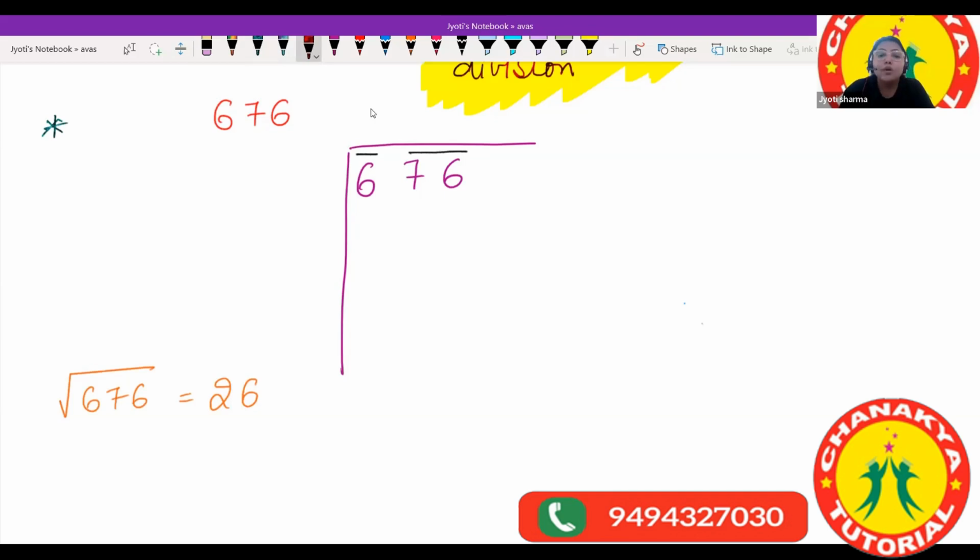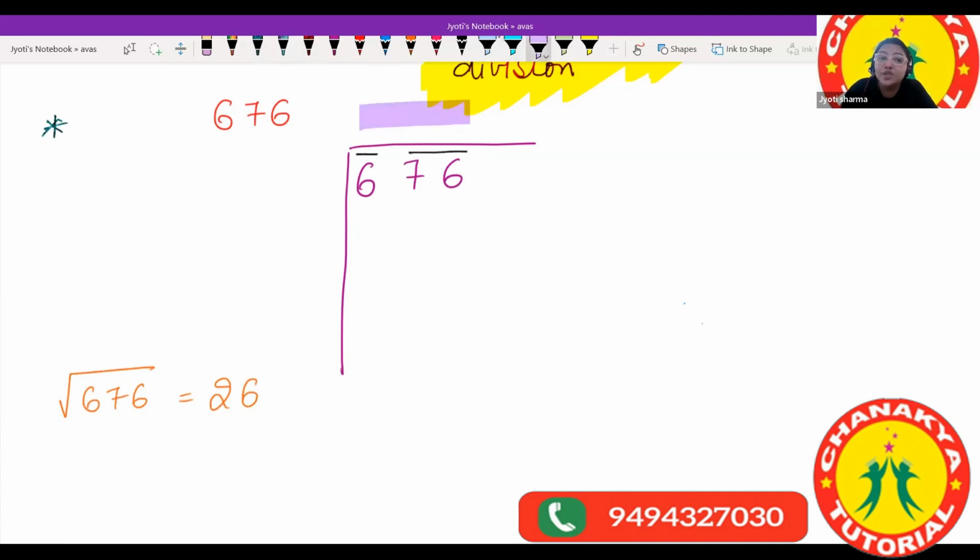Now see, in the first pair we have 2 digits, and after that we have only 1. So we start dividing from the left side. We are not going to take just any digit. We are going to divide 6, but we take the same number as the divisor and in our quotient.